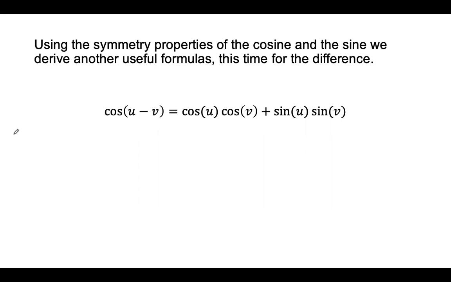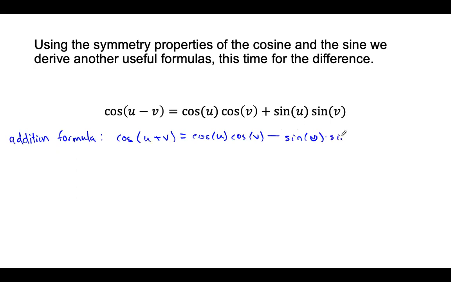So remember the addition formula was cos of u plus v is equal to cos of u times cos of v minus sine of u, sorry, that's a u, times sine of v. Don't want to confuse anyone.